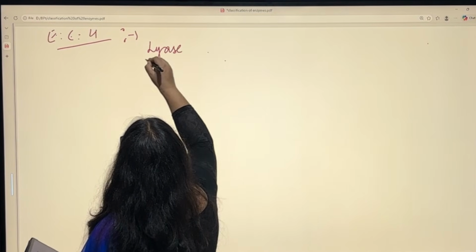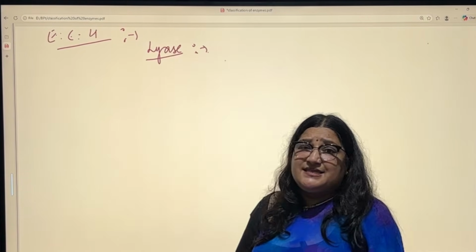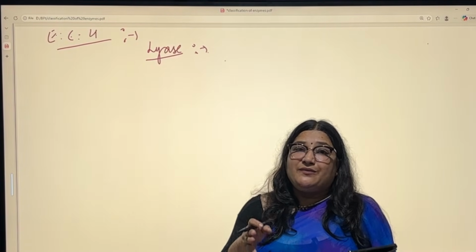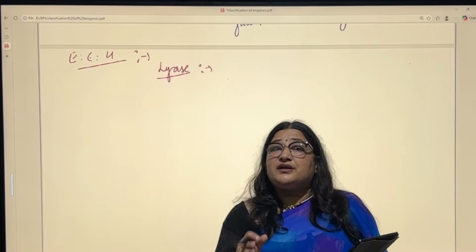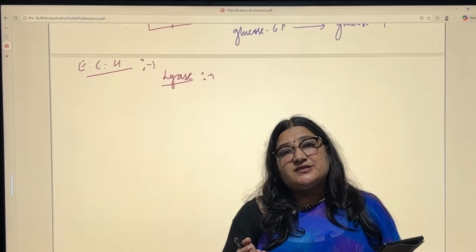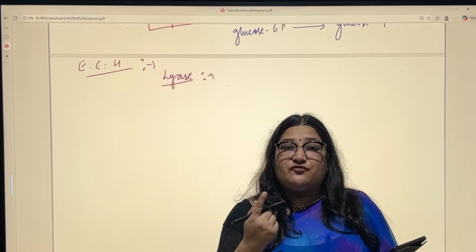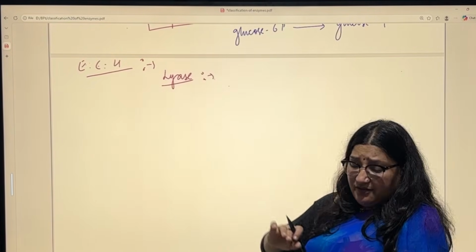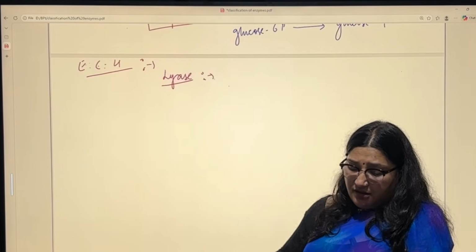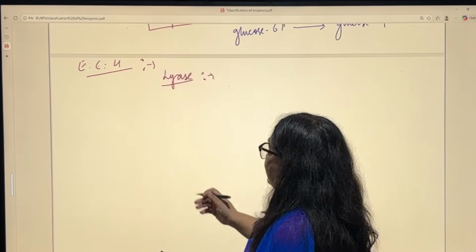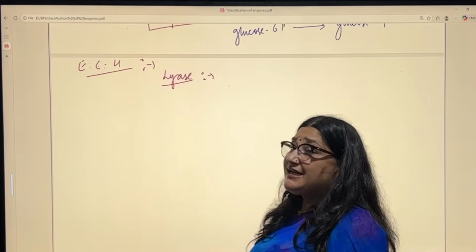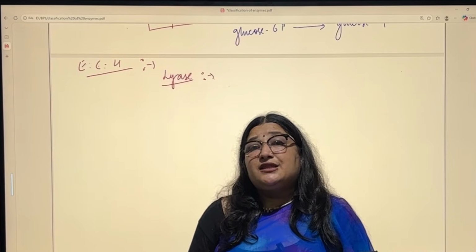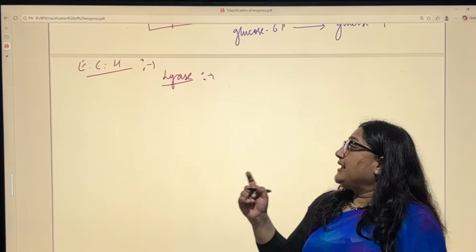Now this lyase enzyme is going to lyse the bond, and the bond will be broken without water. Hydrogen is not added, because to fulfill the tetravalency of carbon, water would provide hydrogen. But when the lyase enzyme works, it catalyzes the reaction by accompanying a double bond. So when the product is formed, it will contain a double bond.